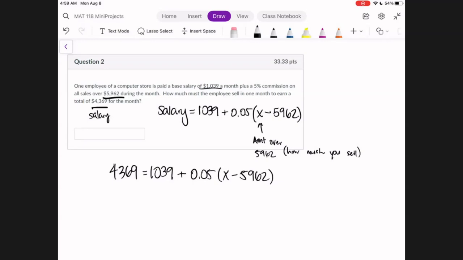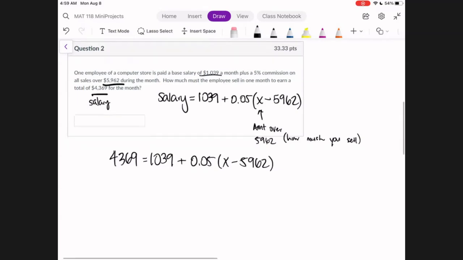So there's a few ways you could do this. I'm going to distribute this 0.05, so it goes to both terms.